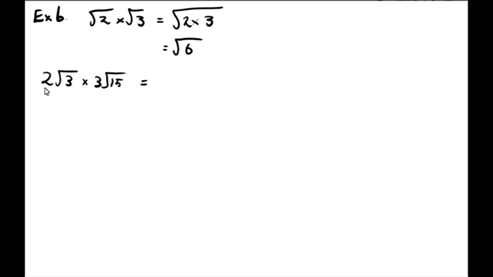Here's our A and B, so we'd say A times B. In this case, it was 2 times 3, and inside the square root we'd get 3 times 15. So 6, and 15 times 3 gets 45.